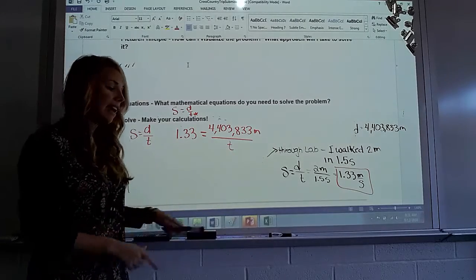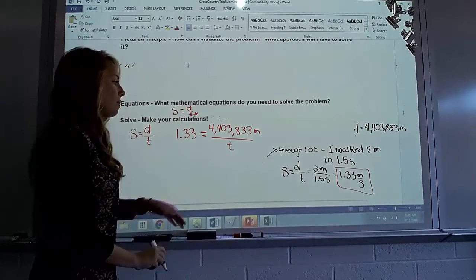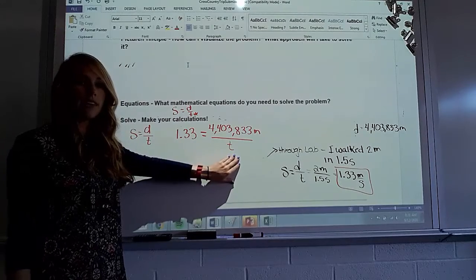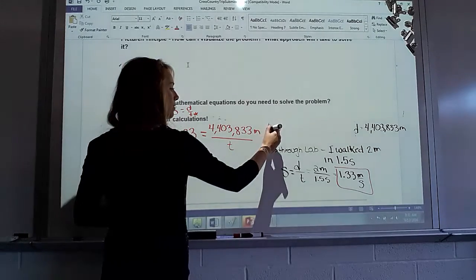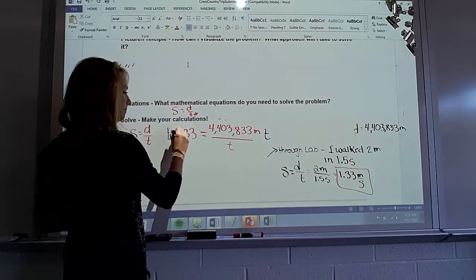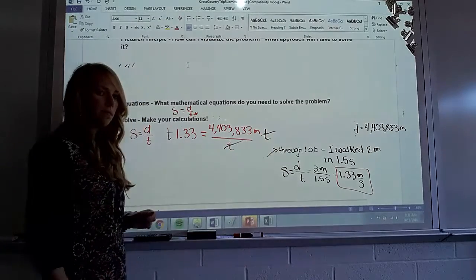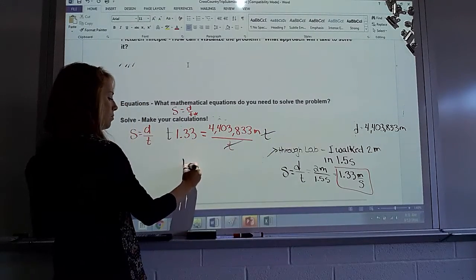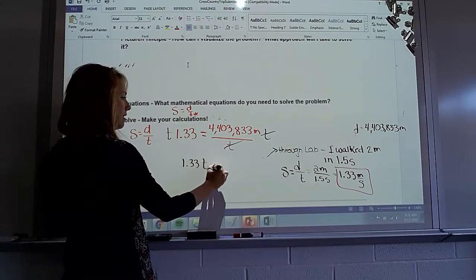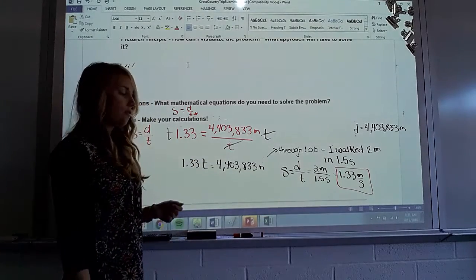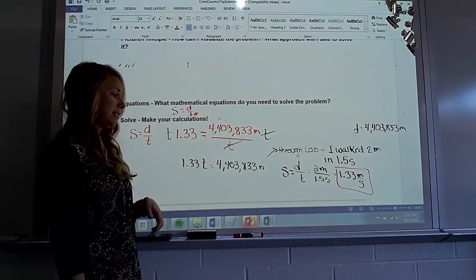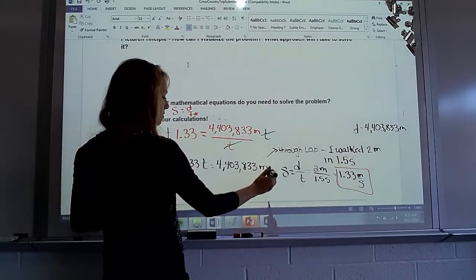Now in math class, how would I solve for this t? Well, right now it's in the denominator, so the first thing I need to do is get rid of it. So I'm going to multiply both sides by t, so the t's cancel. Then I end up with 1.33t equals 4,403,833 meters.